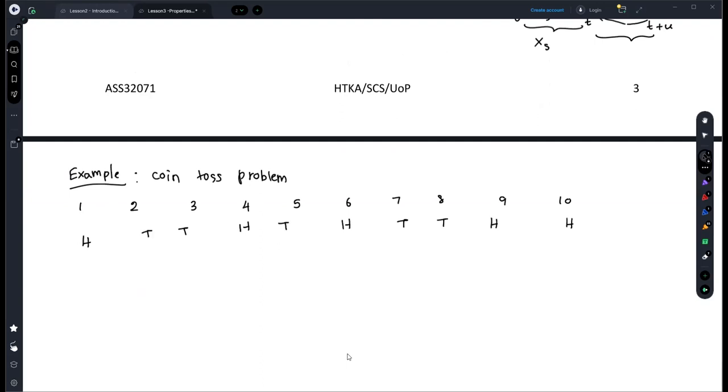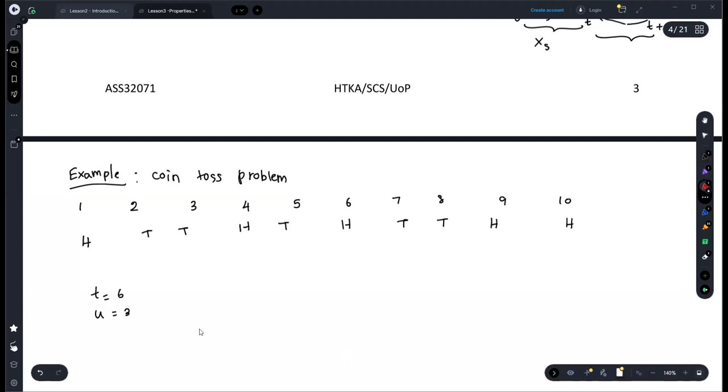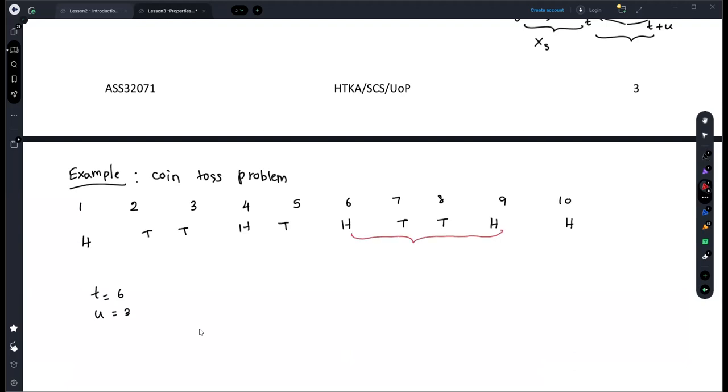Let me define t to be, let's say, 6 and u to be 3, okay? So I'm finding from 6 plus 3, 9, to here. It's 0, right? Shall we go for u equals 4 then? Otherwise, the example is not good. So I'll take u equals 4. So I'm going from here, okay?